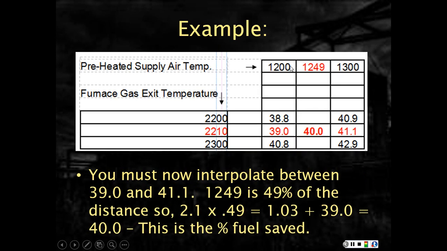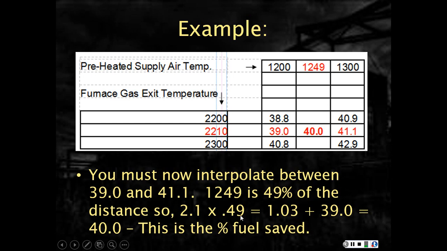So if I look up here, my units between my starting point and ending point again are 100. In this case, from here to here, I've moved 49 points out of 100. So 49 over 100 is 49%. That means down here, I have to have moved 49% of this distance. So the distance between 39 and 41.1 is 2.1.